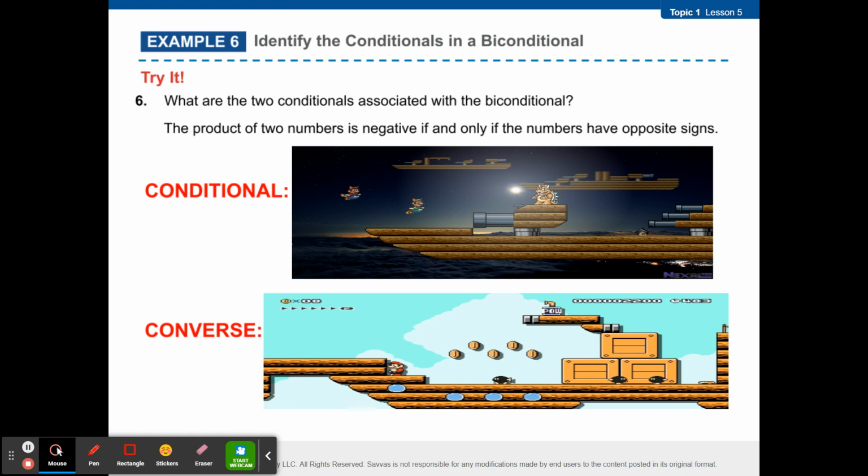You're done. You're out of time. What do you got? Well, you gotta read where the midpoint is.